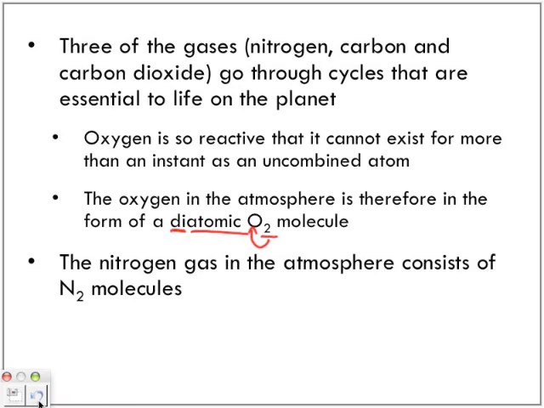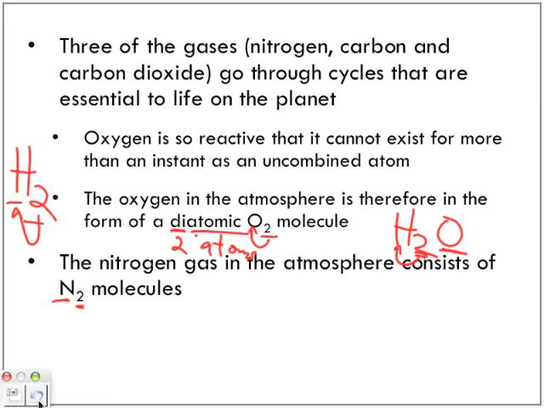So, when we look at this diatomic, di meaning two atoms, the atoms are always going to be the same. So it's N2. We look at something like H2O. Even though we see this 2 with H, it's not diatomic here because there's an O with it. But if we look at hydrogen on its own as just H, here is hydrogen gas. This is H2. This is diatomic because it's got two of the same atom only.